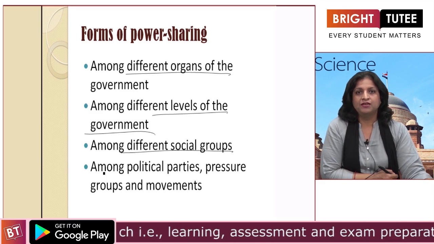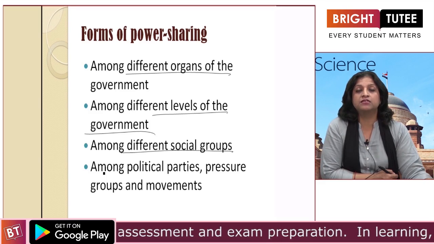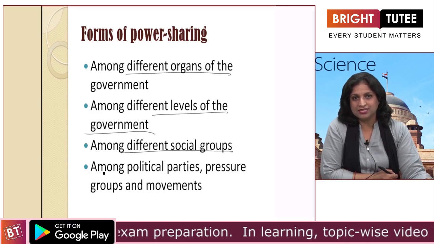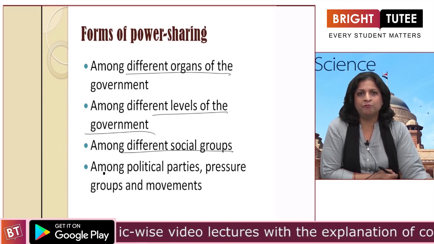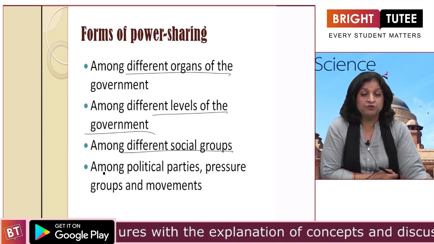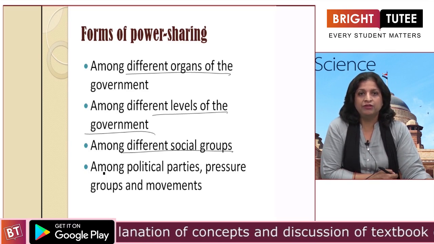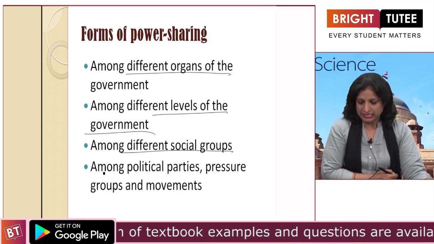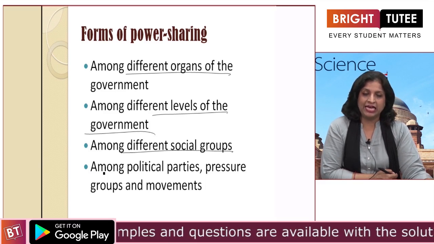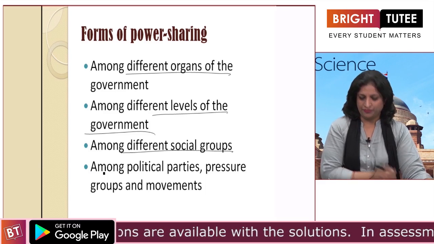In the Lok Sabha election, some seats are reserved for scheduled caste and scheduled tribes. So here you can see even the people who are backward, scheduled caste and scheduled tribes, we have given them power sharing also. So when we include these different social groups, it's again a different form of power sharing.